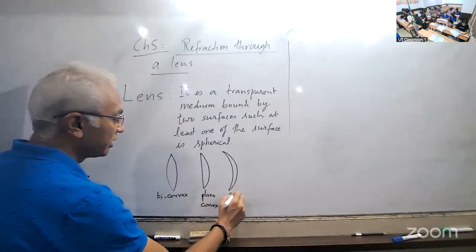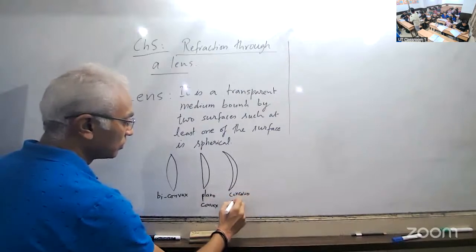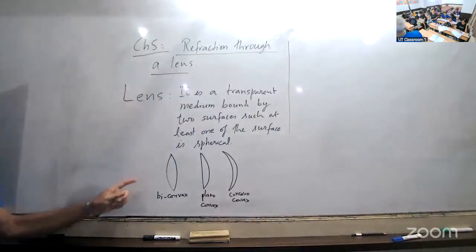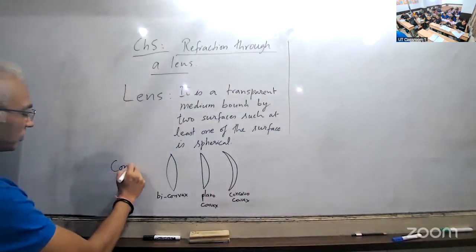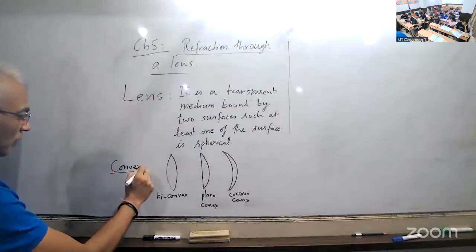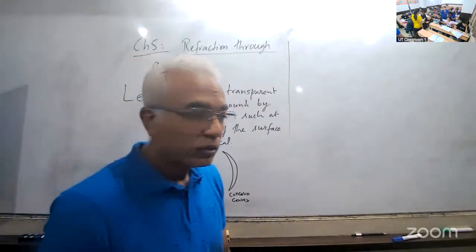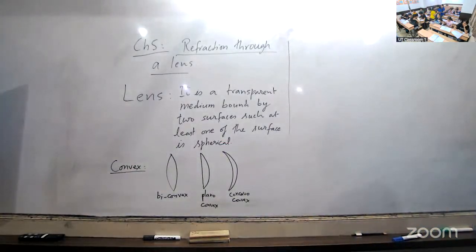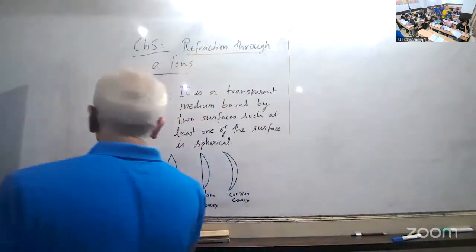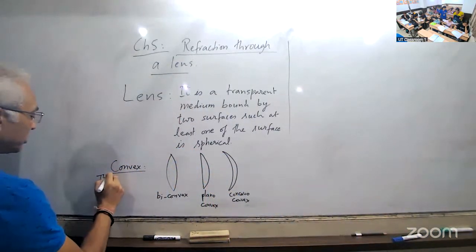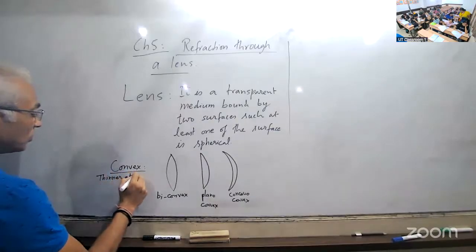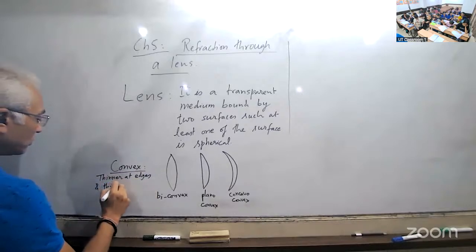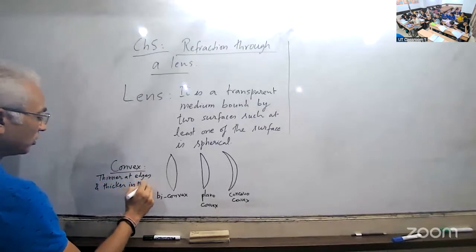And this is concavo-convex. So this type of lens is convex. What is convex? It is thinner at the edges and thicker in the middle.